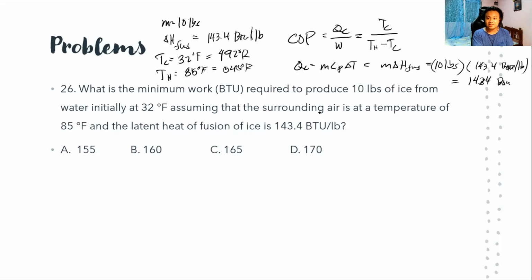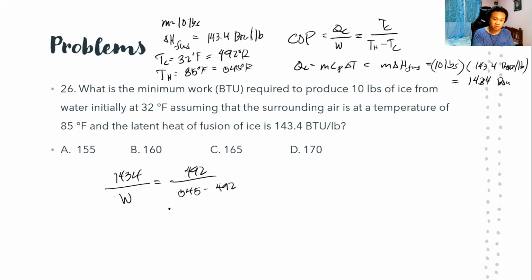So what we have to do now is to input that in our equation here at the COP. So we have QC, 1434. And then we have work, which we don't even know yet. And then we have our TC, which is equal to 492. And then this is 545 minus 492.